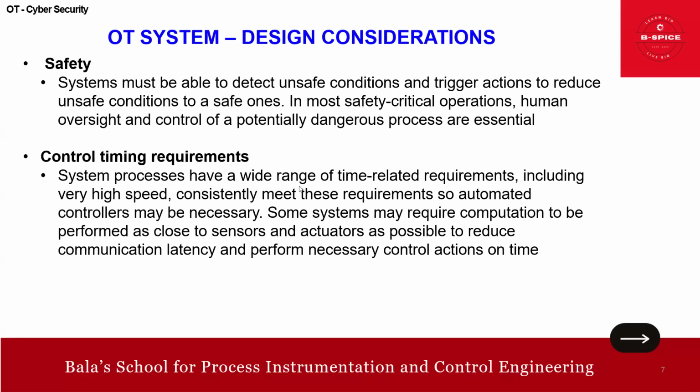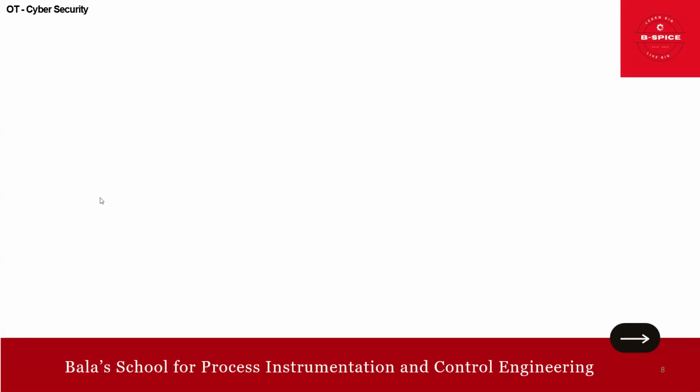System processes have a wide range of time related requirements, including sometimes very high speed, so automated controllers may be necessary to consistently meet these requirements. Some systems may require computation to be performed as close to sensors and actuators as possible to reduce communication latency, delay of signals, and perform necessary control actions on time. So control timing is important.